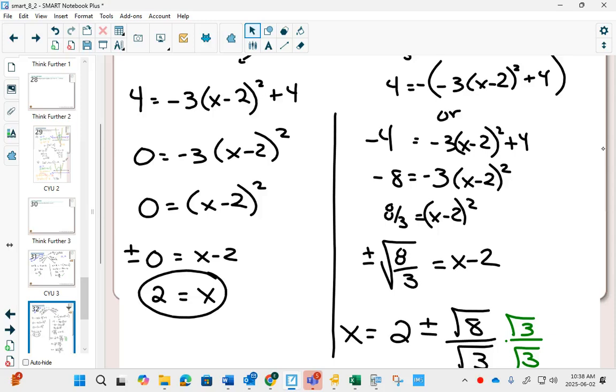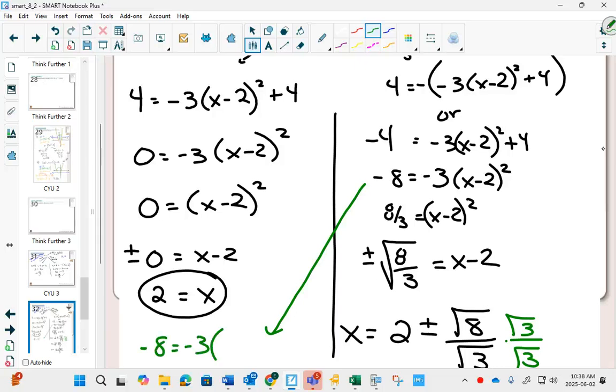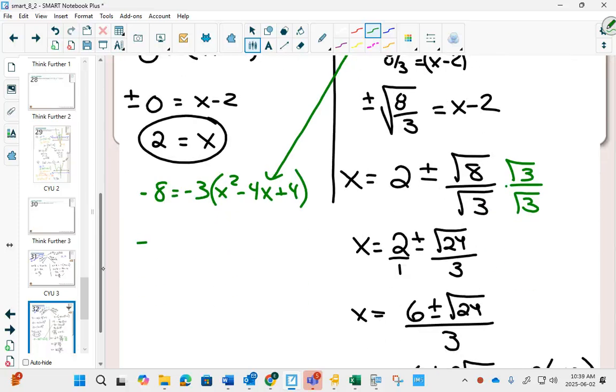However, if you wanted to, I moved my like terms together, from here. Let me just show you that you could have done this. You could have multiplied out x minus 2 squared, x squared minus 4x plus 4. Distributed your negative 3. And you get a quadratic equation, which you could make one side equal to 0.